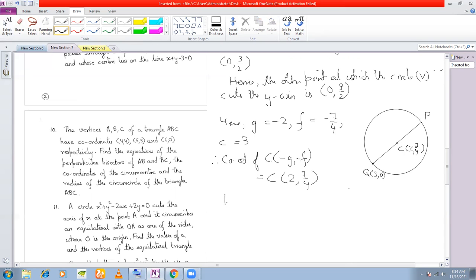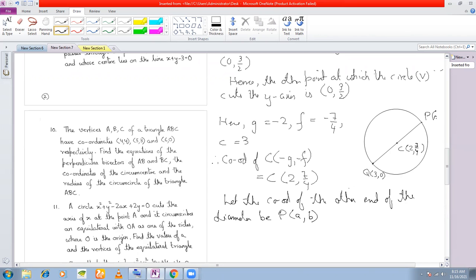Okay, so now you know the midpoint. C is the midpoint, so by the midpoint formula you can find out. Let the coordinates of the other end of the diameter be P(A, B), let's say.